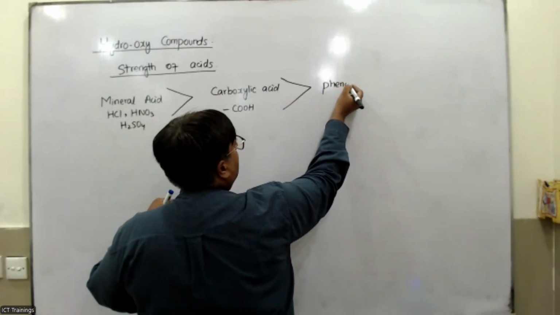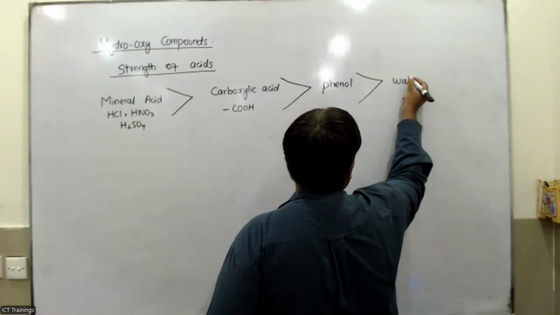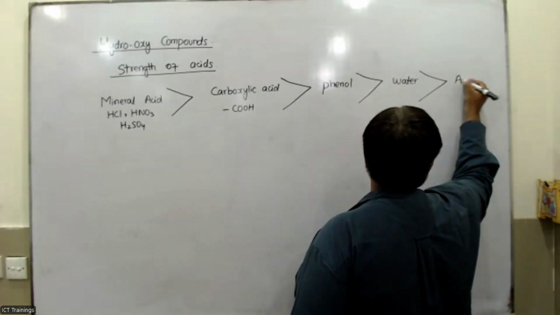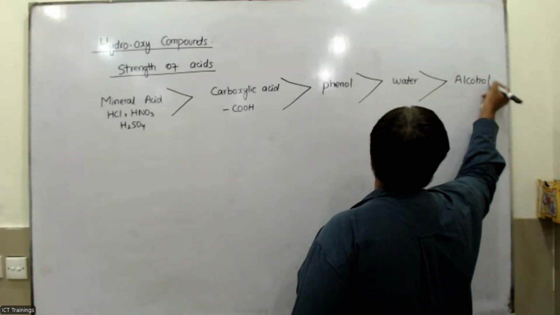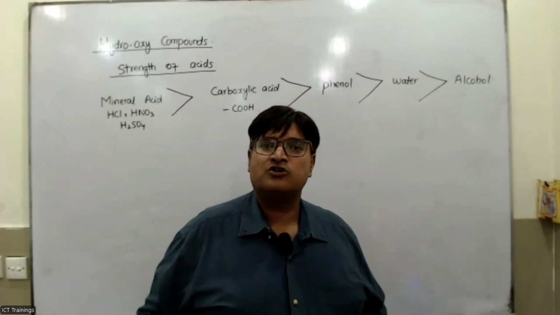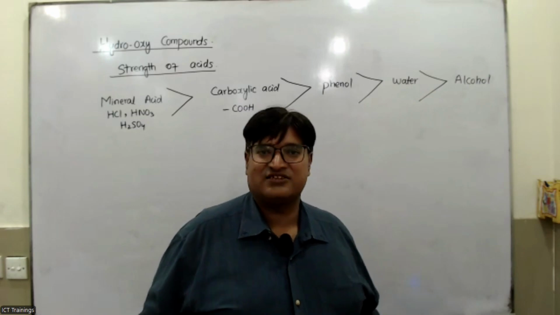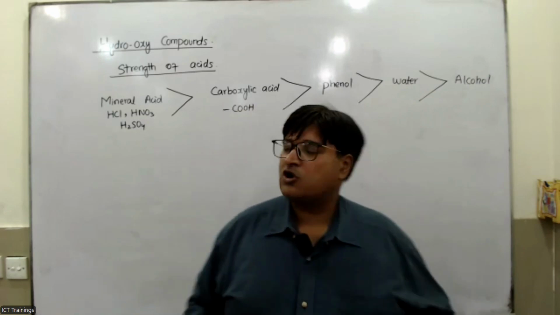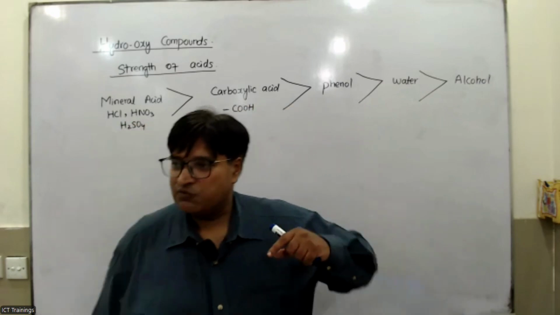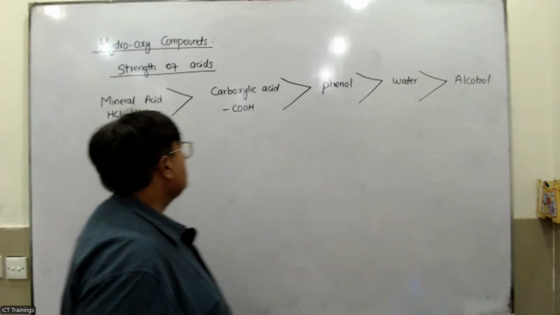Phenol is third in strength. And after phenol, we have water. Water is also a very weak acid. And then comes alcohol. Alcohol is the weakest acid. So anything that donates protons or H positive ions in its aqueous solution is acting as an acid. The strongest of all these acids is the mineral acid, and the weakest is the alcohol.